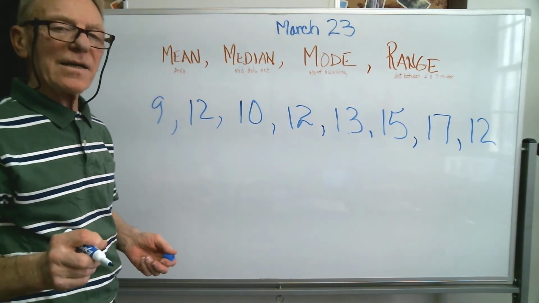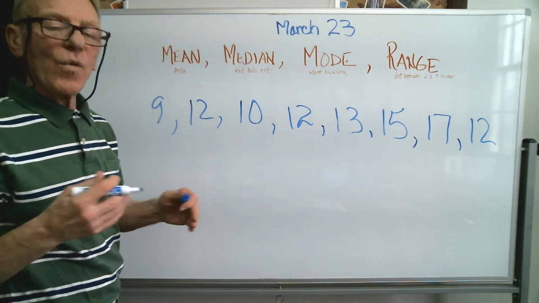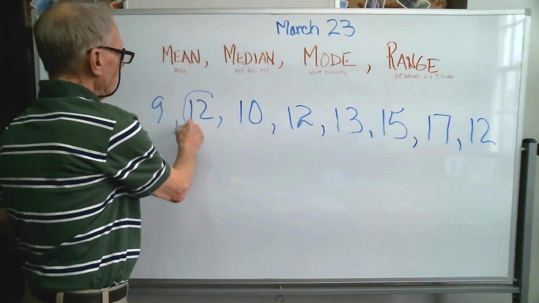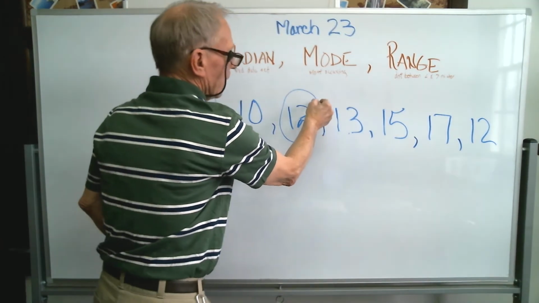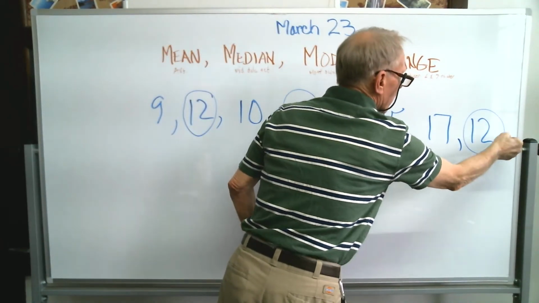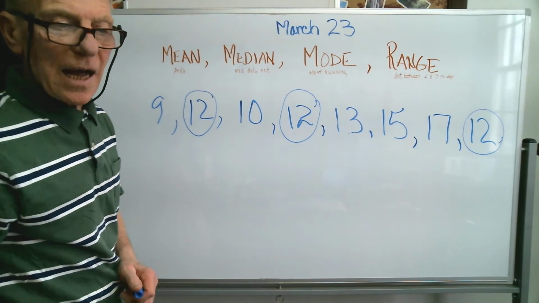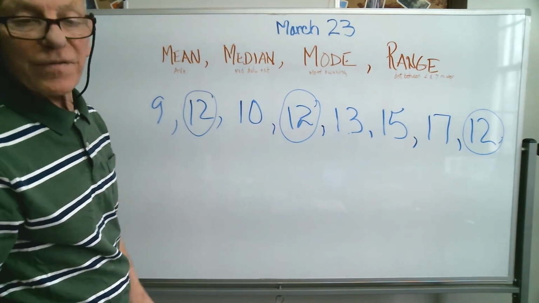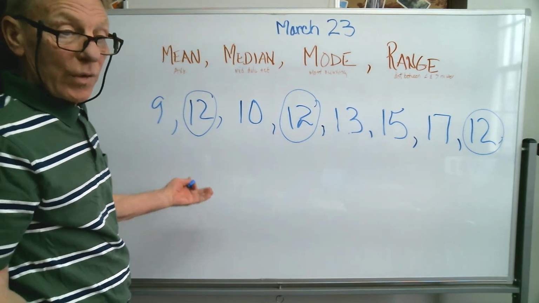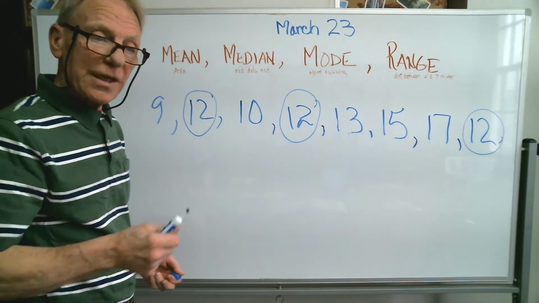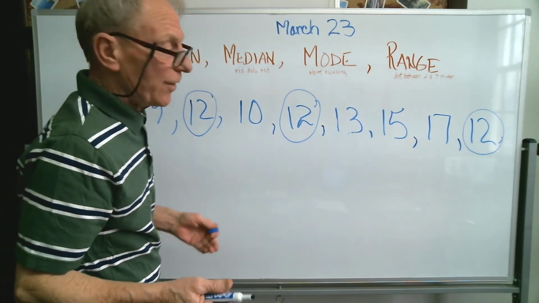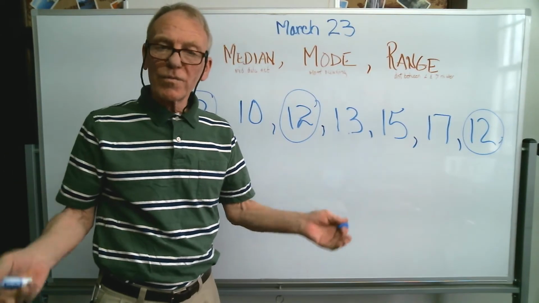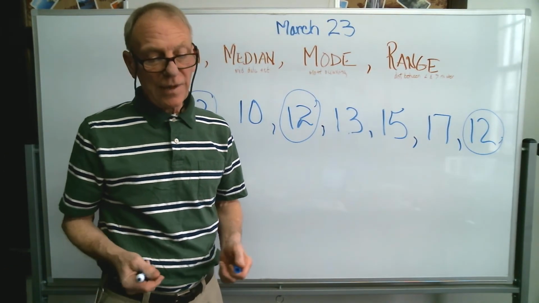Which piece of data is occurring more than any other? And if we look at this, we see the number 12 occurring 3 times. There's only 1 9, 1 10, 1 13, 15, and 17. So in a number set like this, it's real easy to determine what the mode is. The mode would be 12. 12 occurs more frequently than any other number in that set.